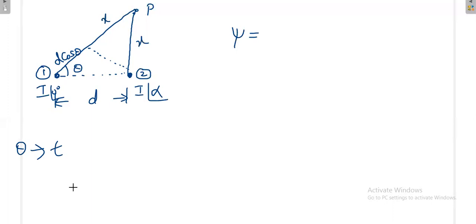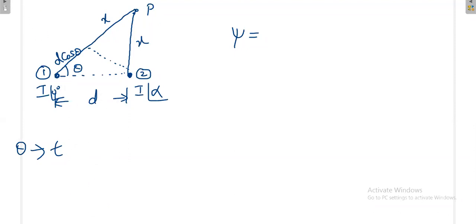You know one thing: when you travel a distance of lambda, you complete 2 pi phase. Then if you travel d cos theta, how much? What is the angle produced? Otherwise, I'll tell you another way.